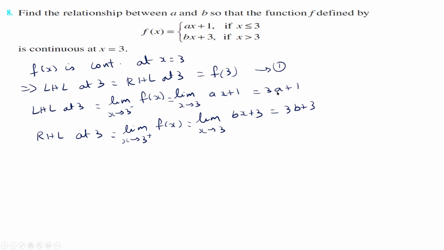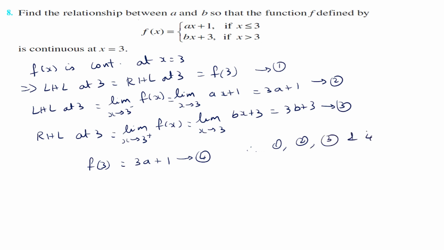Now from 1 we have these two equal. Let us mark this as 2, 3, and f of 3 is 3a plus 1. So from all these, therefore 1, 2, 3 and 4 imply 3a plus 1 equal to 3b plus 3.